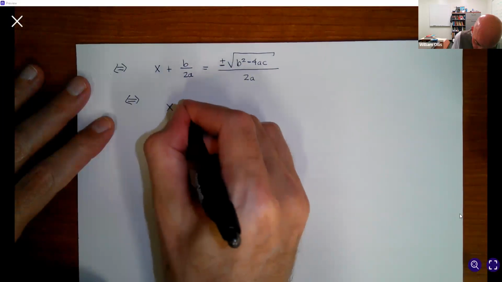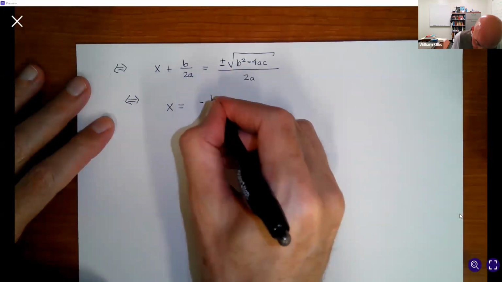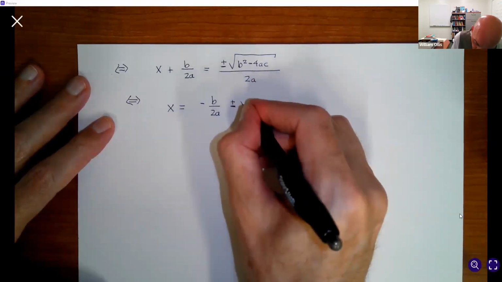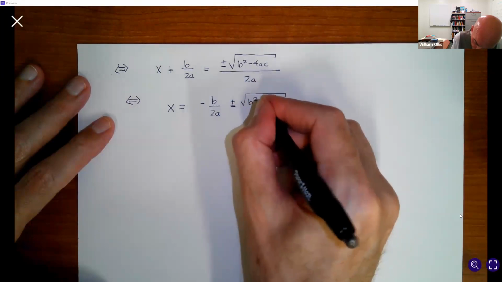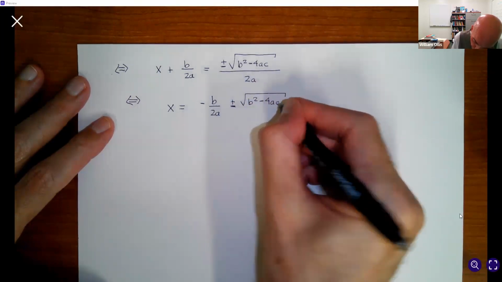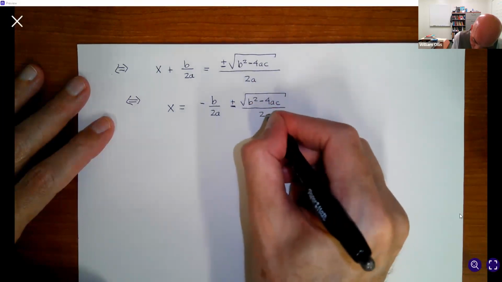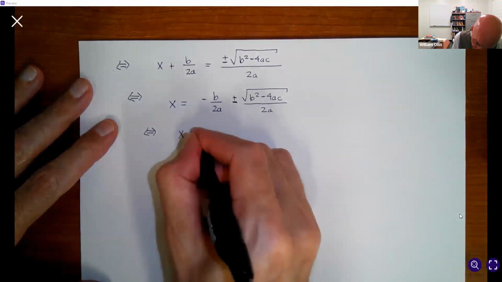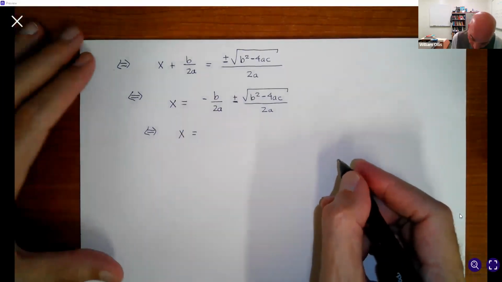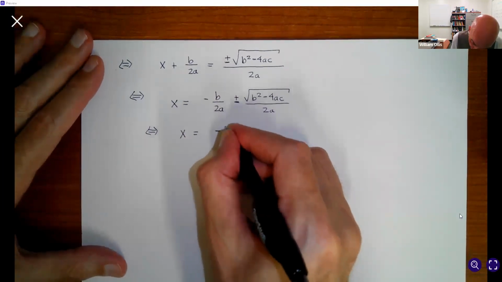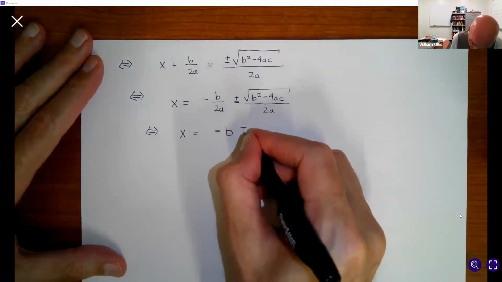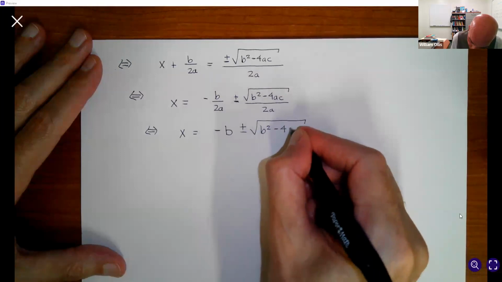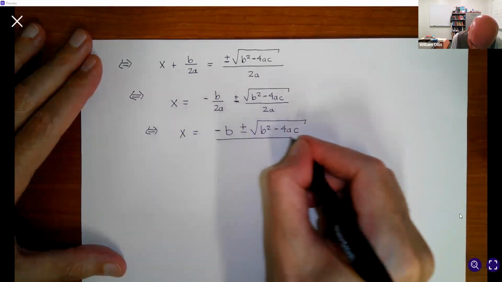So x equals the opposite of b over 2a, or the negative, plus or minus the square root of b squared minus 4ac. Again, using that plus minus symbol, which isn't always available. But now, of course, we've got the same denominator, so no more work is required except just to, if you like, write it as one fraction, which tends to be the way it's written. So the opposite of b plus or minus the square root of b squared minus 4ac, divided by 2a.